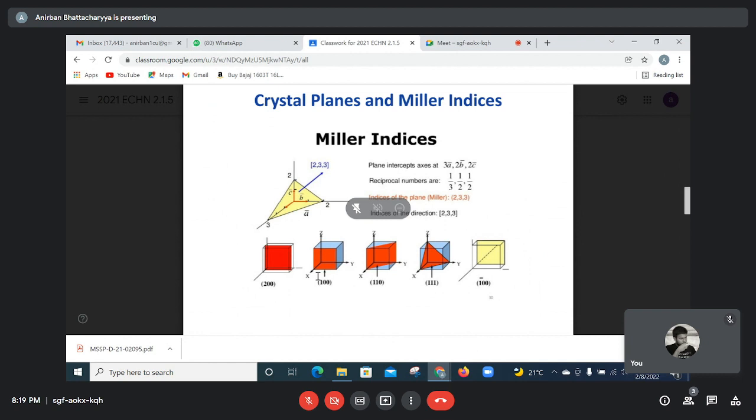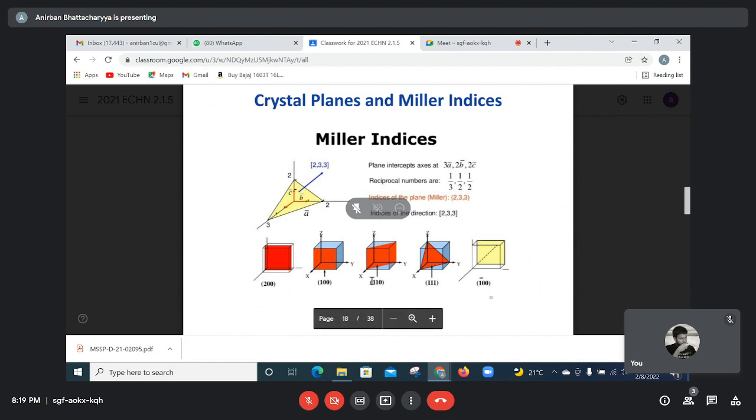So you do the reverse. Infinity, the reverse is 0. Yes, 1 by infinity is 0. If you do the reverse and then simplify, it becomes 1, 0, 0. So this red plane is called the 100 plane.